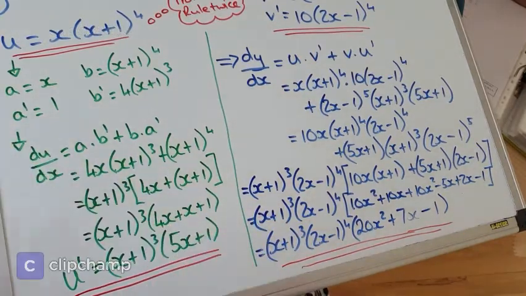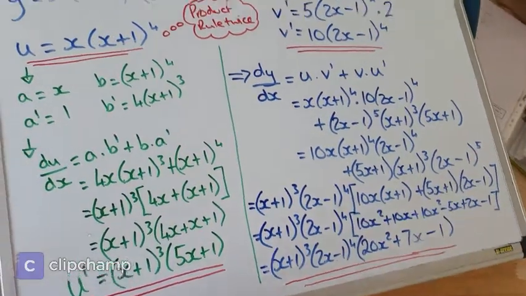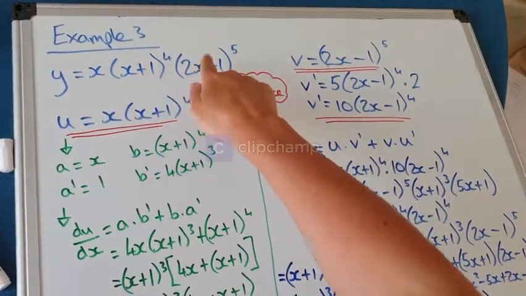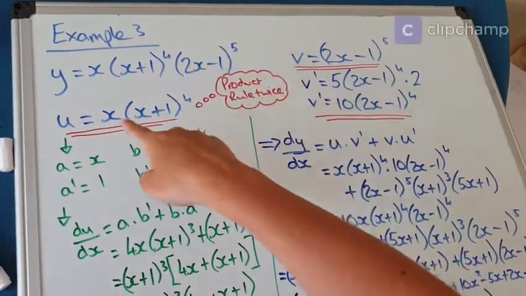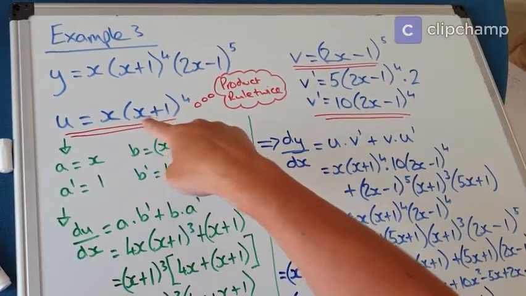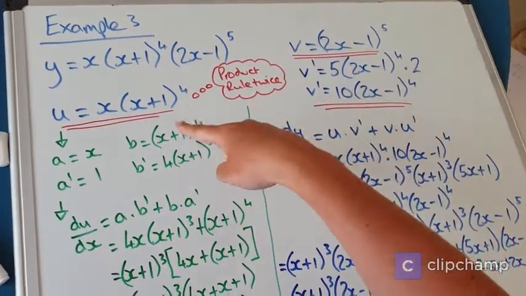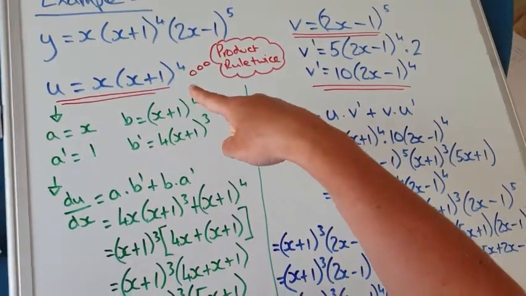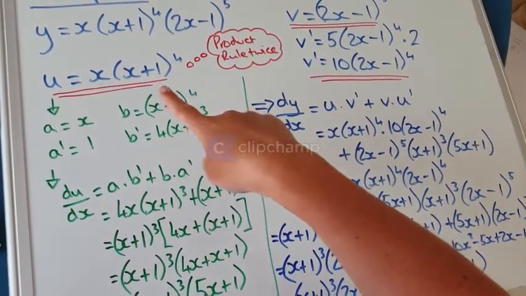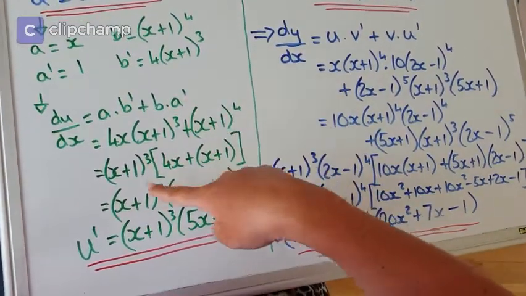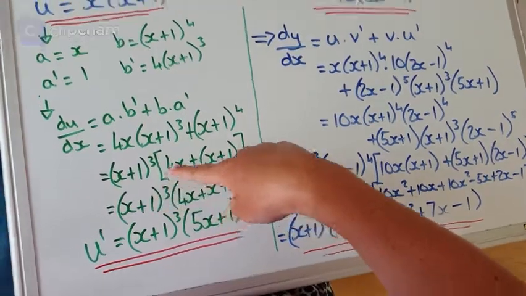Okay. So that was a more complicated example. It started off with essentially a product of 3 terms. Imagine the u as the first 2 terms and the v is the last one. You have to apply the product rule initially here to get what u dashed is. Okay, you're applying a kind of mini product rule here to get u dashed.